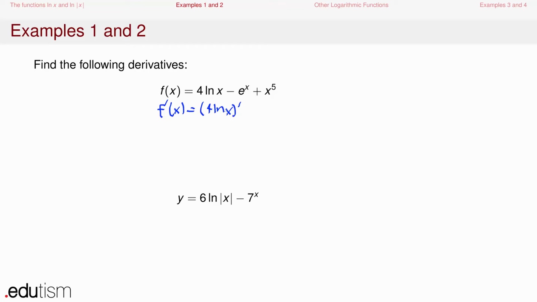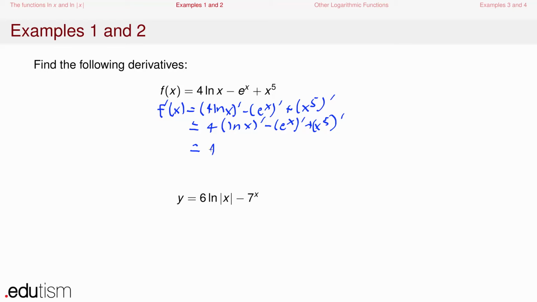So we're going to have 4 ln x prime minus e to the x prime plus x to the 5 prime. Then we use the constant multiple rule to rewrite 4 ln x prime as 4 times the derivative of ln x. And then we're still going to have minus e to the x prime plus x to the 5 prime.